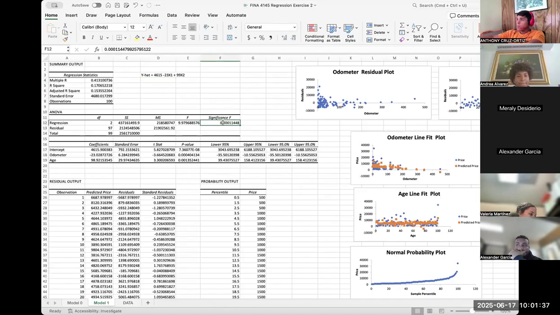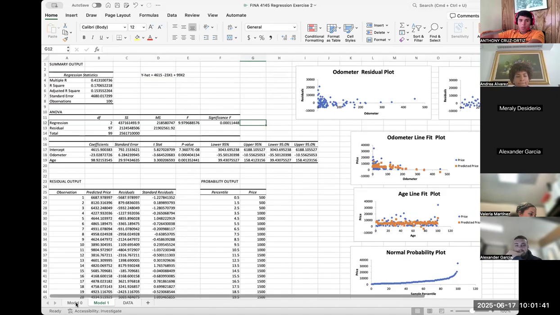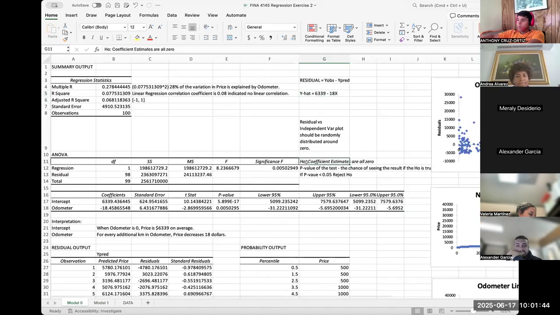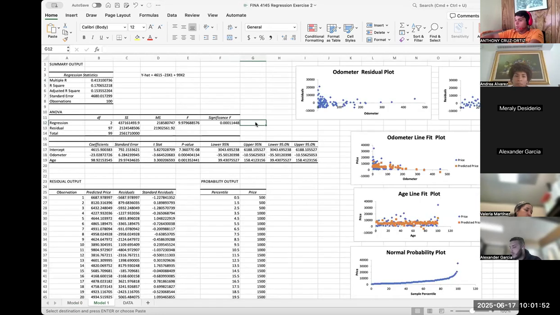This F tells us, if we remember from here, it's the same null hypothesis, but coefficient estimates are all zero. This is again rejecting the null hypothesis, right?